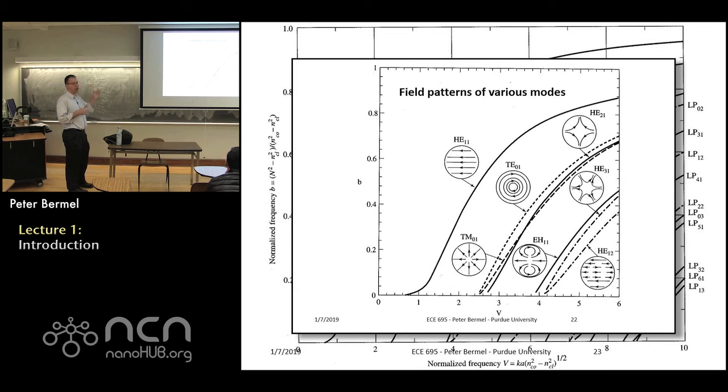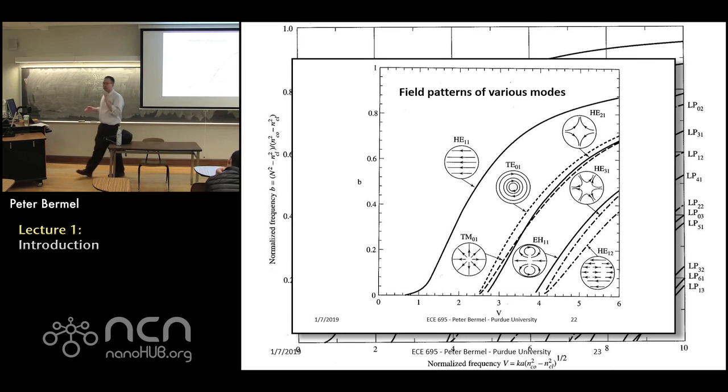Basically, the difference is just that there are two different polarizations for the same mode. You can see everything's traveling this way, but you can also rotate this 90 degrees, and then you have another mode that's identical in terms of its form, but just a different polarization.